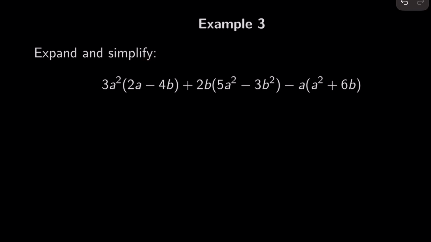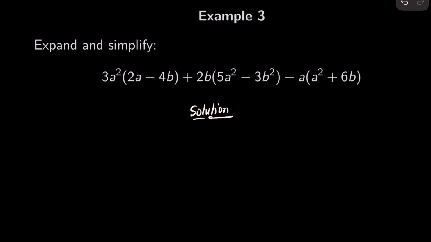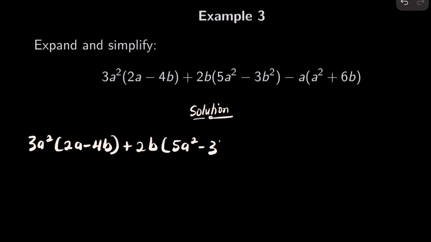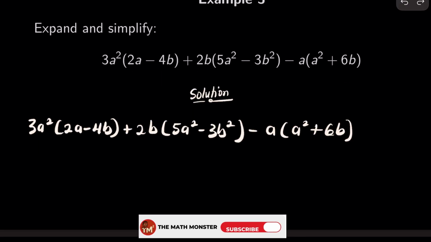Example 3. Expand and simplify this expression. Solution. The expression is giving us 3a squared(2a - 4b) + 2b(5a squared - 3b squared) - (a squared + 6b). As we've seen in the first two examples, the first step is to distribute these, right?